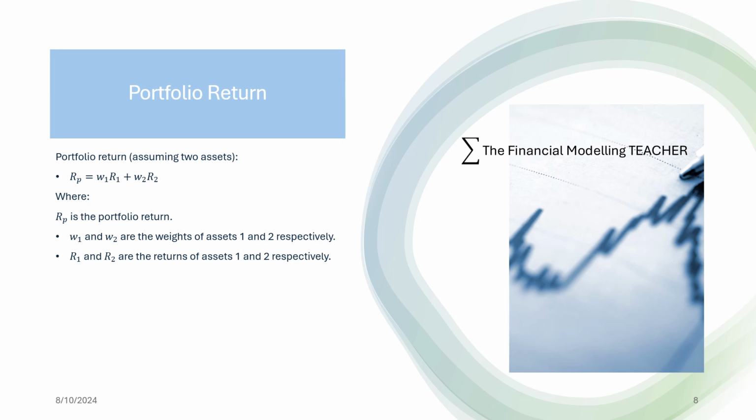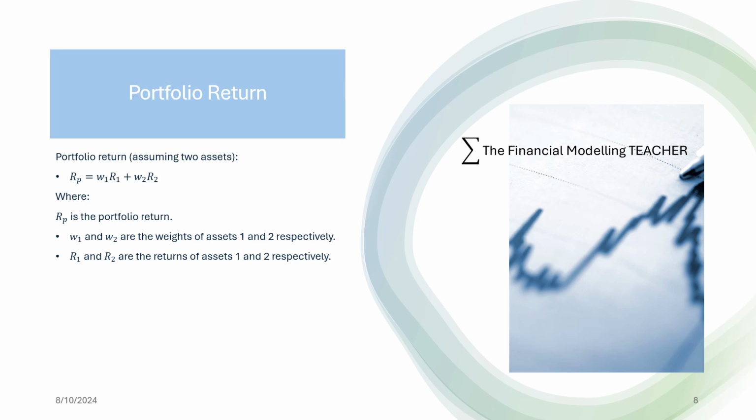Now coming to the portfolio return. Let's say we have a portfolio, which we denote as R subscript P, P being portfolio. R is a return, as we discussed earlier on. Let's say it's a 2-asset portfolio, each one with a weight.